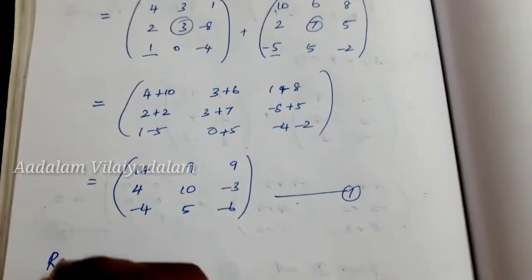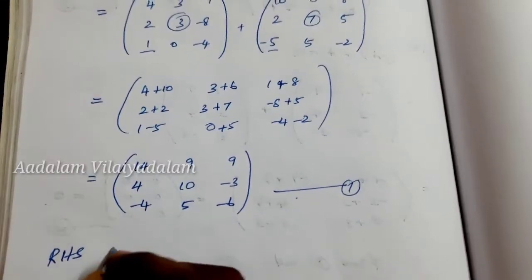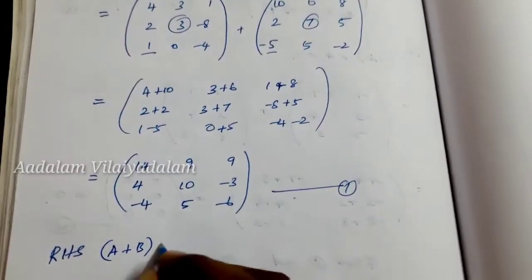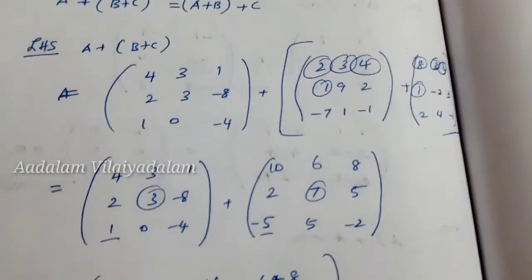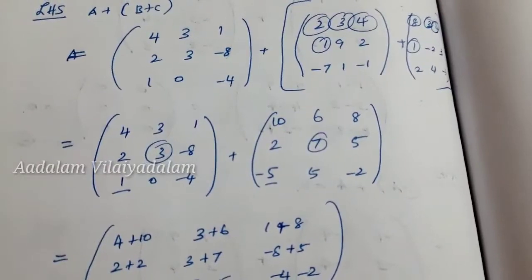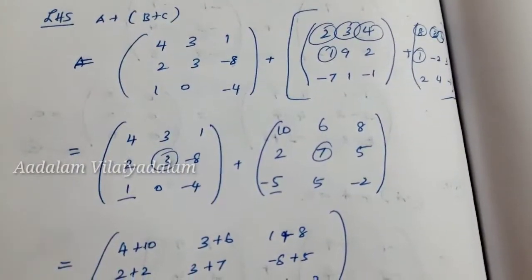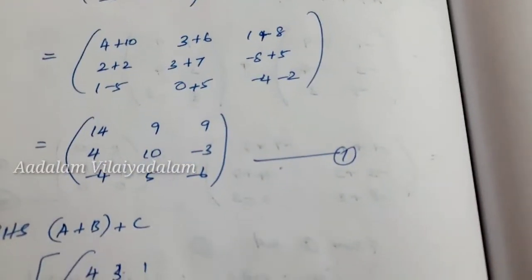Now let's go for the RHS, that is A plus B plus C. The A matrix is 4, 3, 1, 2, 3, minus 8 and 1, 0, minus 4.